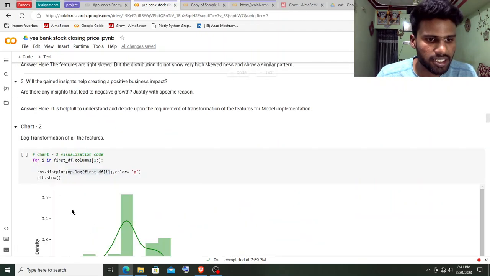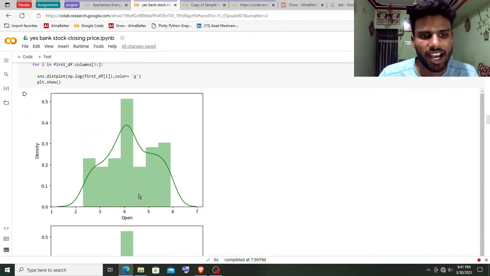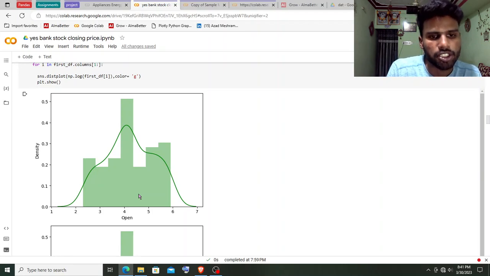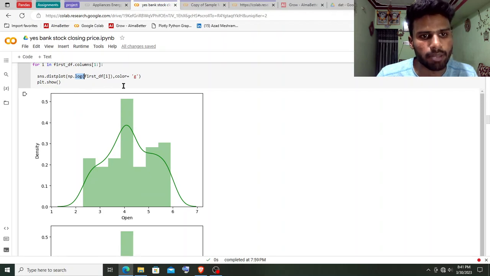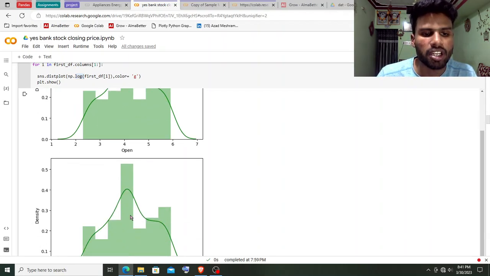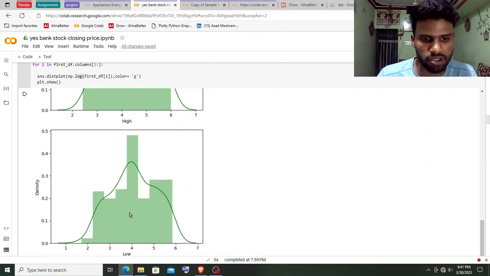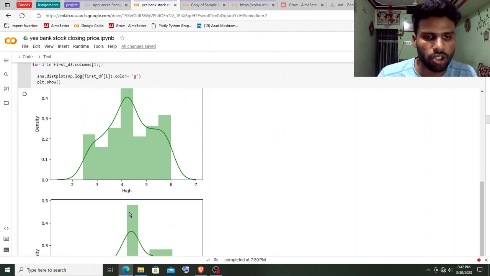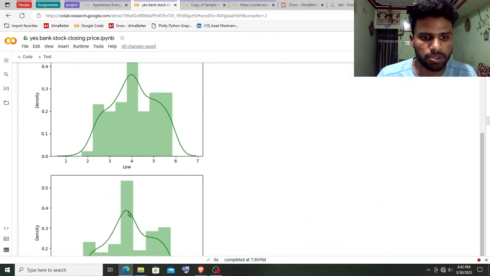The next thing is I have tried to transform those features in order to see whether they will show the normal distribution or not, and here the log function is helping us achieve this normal distribution in these features of the data set.